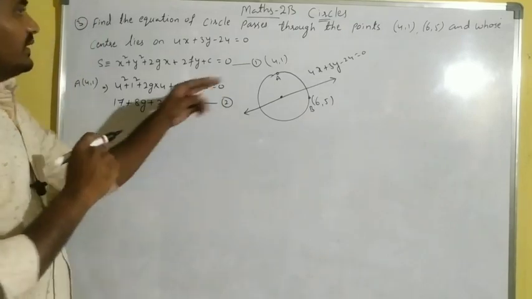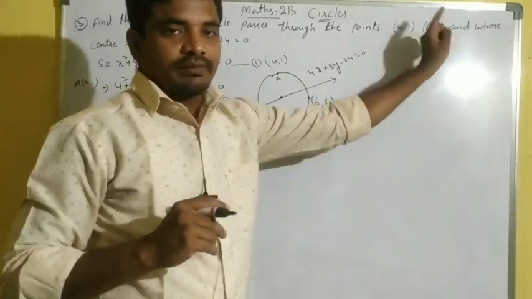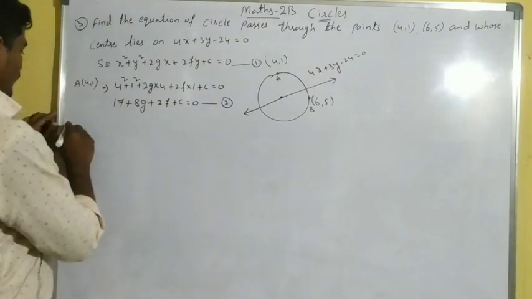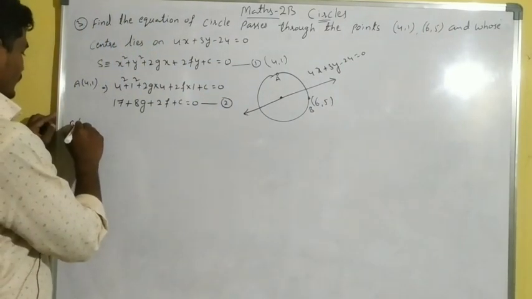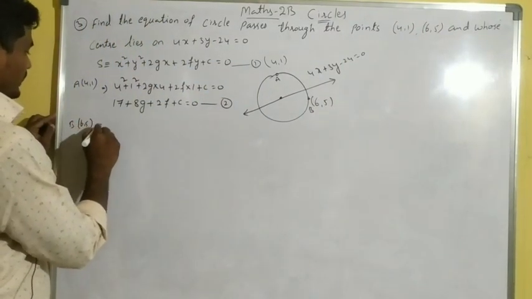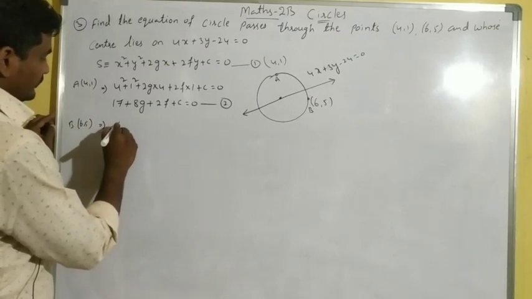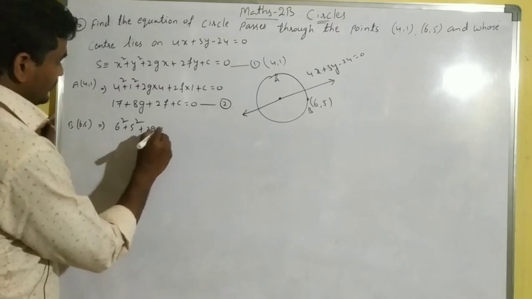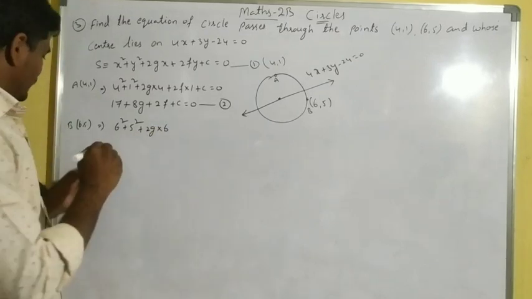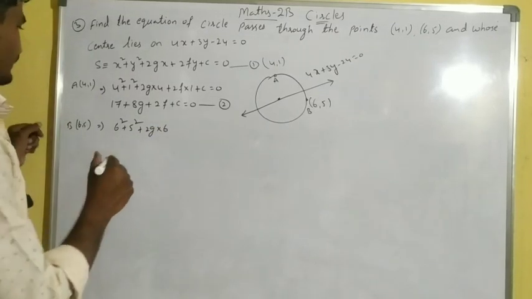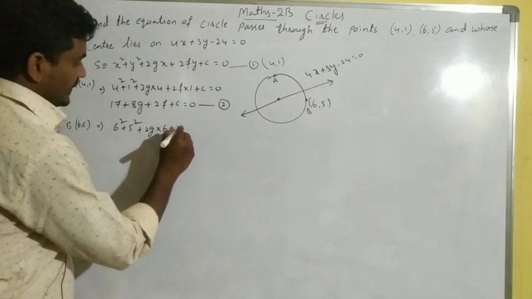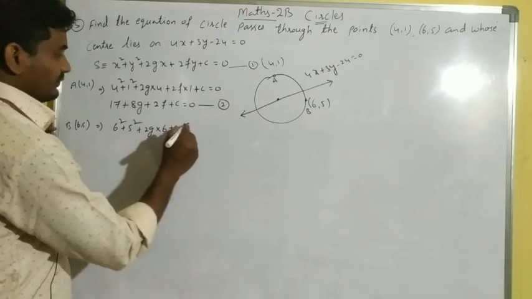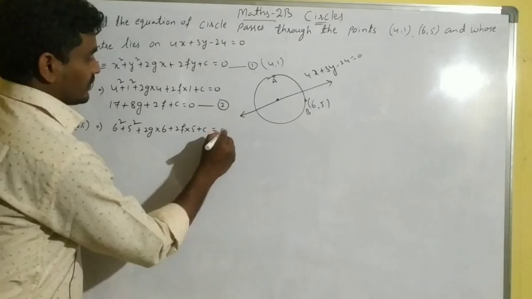And similarly this circle is passing through (6, 5) also. Then the equation will become 6 square plus 5 square plus 2g into 6. In place of x we write 6, and in place of y we write 5, plus 2f into 5, plus c equals 0.